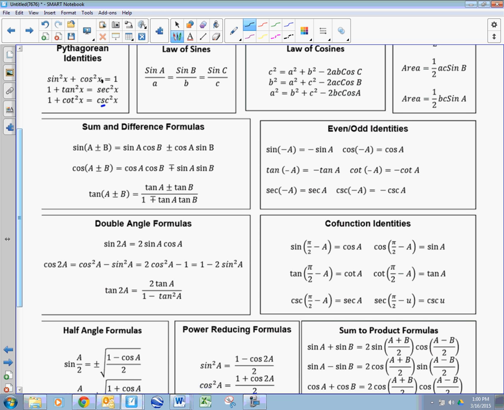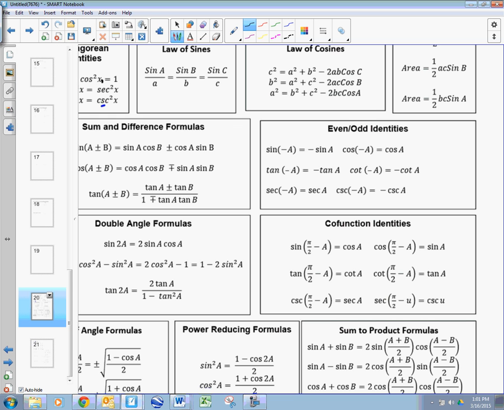If you have a sine of a negative angle, you simply move the negative out front. If you have tangent of a negative angle, you move the negative. But if you have cosine of a negative angle, you just make it positive. Nothing happens, okay? So these even and odd identities we can use as well.